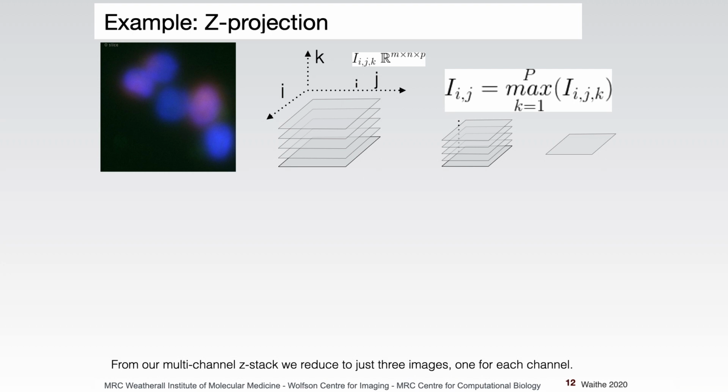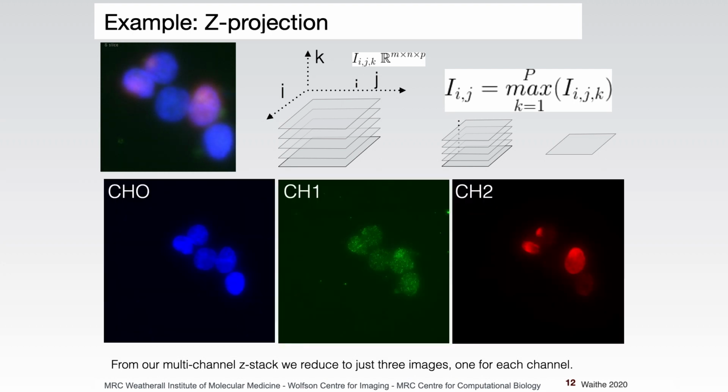So what is a Z projection? A Z projection represents the 3D stack as a single image for each channel. Okay, so we go from a 3D stack to just one image, and that image hopefully for us represents enough of that raw data to be useful for our experiment.